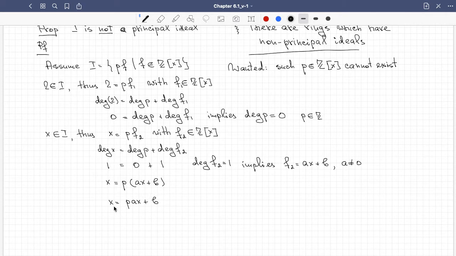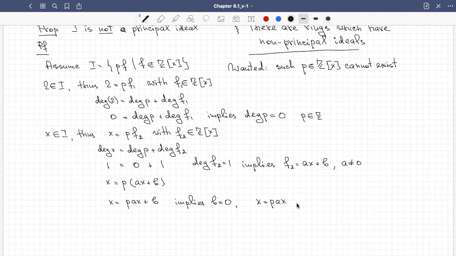This is an equality. X is not a number. It is a way of bookkeeping. So this means that the constant term of this polynomial is 0. The constant term of this polynomial must be 0. This implies b is 0 and x is equal to pax.